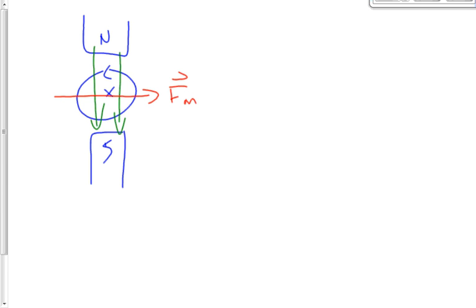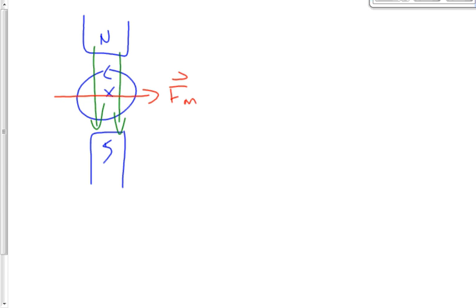The wire physically keeps them from moving in a circle. So instead of the electrons moving in a circle in this magnetic field, because they're held in place by the wire, the electrons will drag the wire along with it when they experience the force to the right. So not only do the electrons move to the right, but the wire that the electrons are carried by will also move to the right.